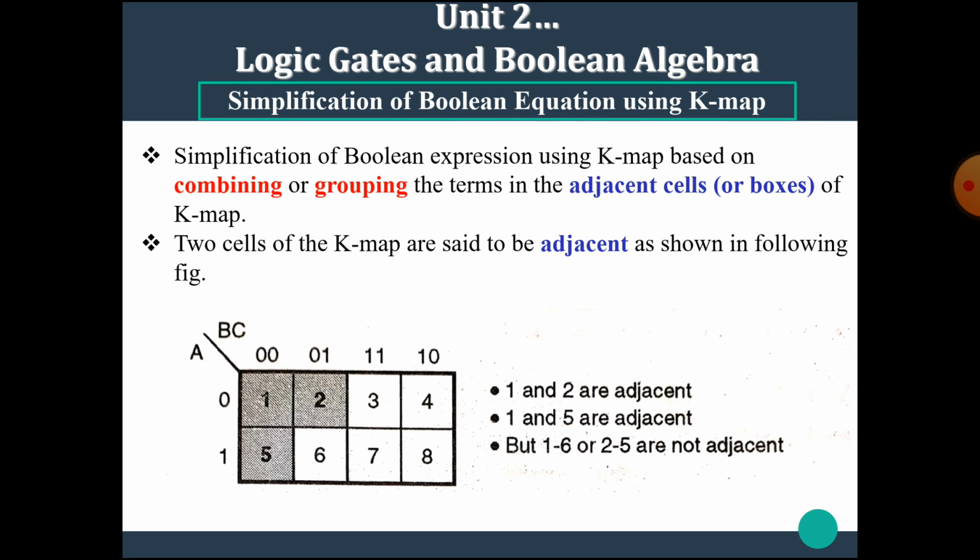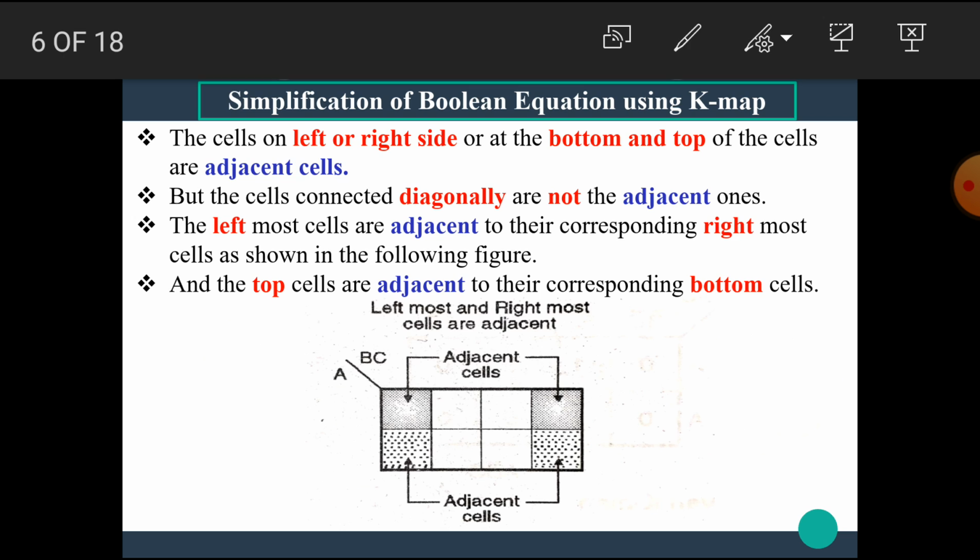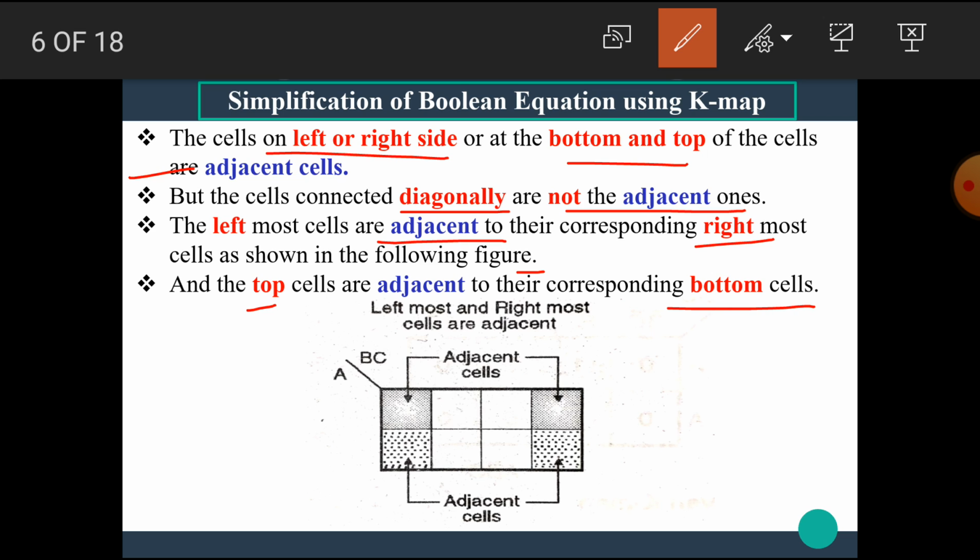Now, the cells on the left or right side or at the top and the bottom of a cell are adjacent cells, but the cells connected diagonally are not adjacent ones. The leftmost cells are adjacent to their corresponding rightmost cells as shown in the following figure, and the top cells are adjacent to their corresponding bottom cells.